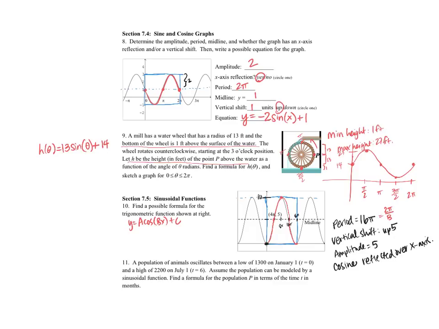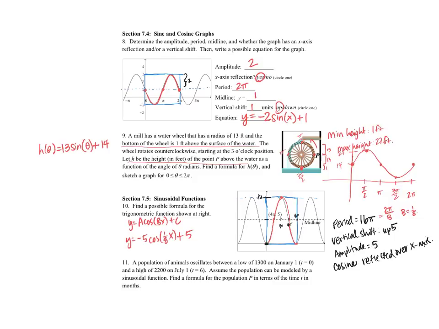So I can divide that by 16 pi, and I'm going to get b is equal to 1/8. And then a will be -5, cosine 1/8 x plus, and then I've shifted up 5. So that's my possible formula for my trigonometric function.